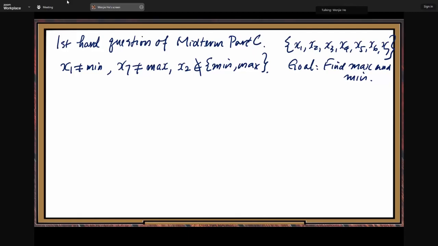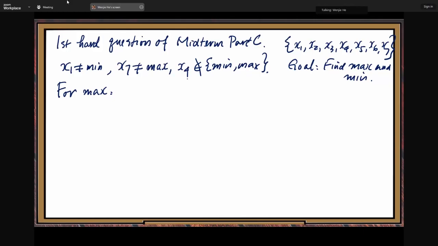All right. So, what elements are qualified for maximum? So let's look at the max. For the first step for max, now we want to find the max. X4 qualifies. So X4 is not qualified for max.